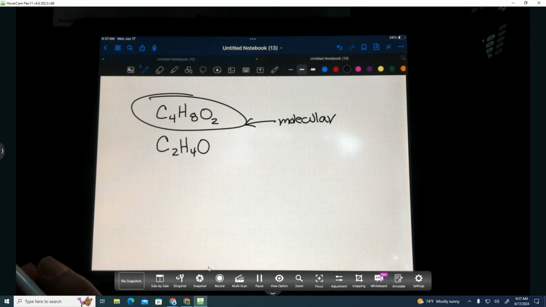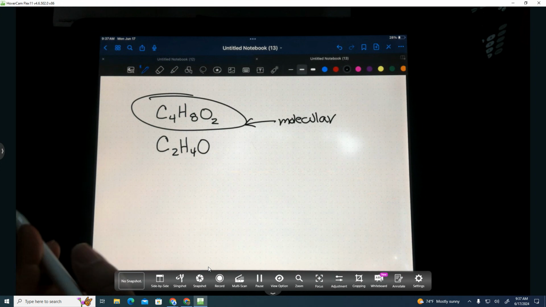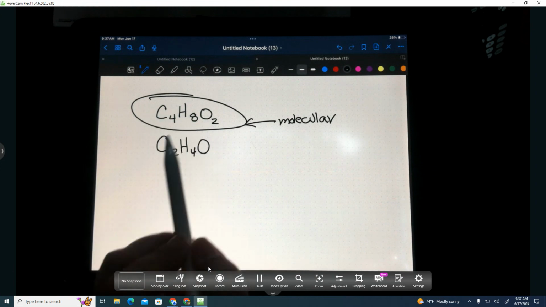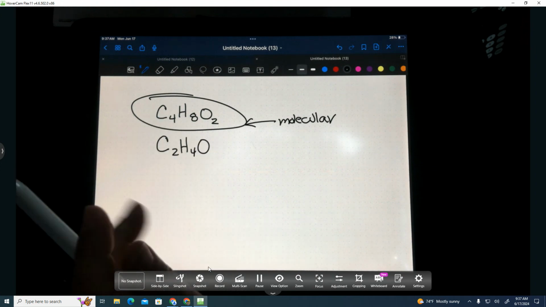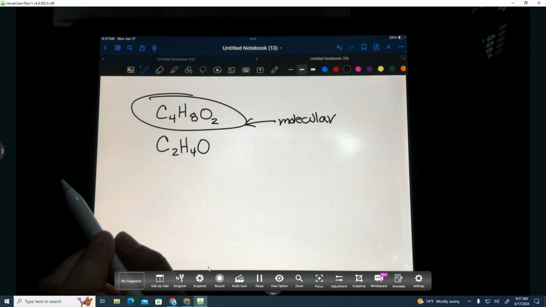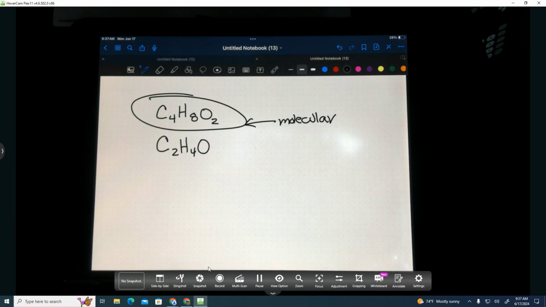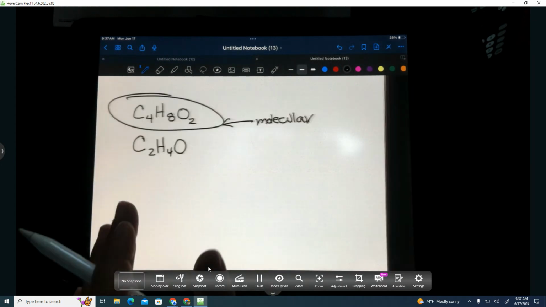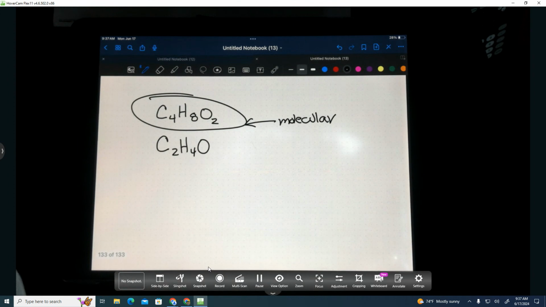Wait, so what would happen if the H was a 7? If it was C4H7O2, can I still divide it all? You can't, so that would be empirical as well. Empirical is always the lowest whole number ratio, no matter how you get it there. Molecular means I counted them and that's the exact number that I have.